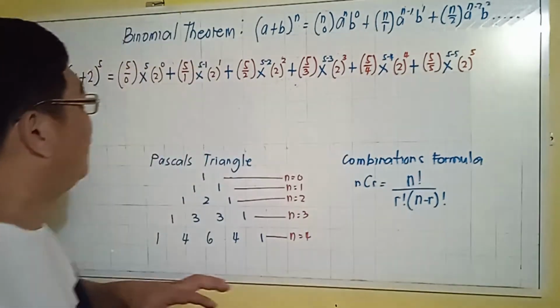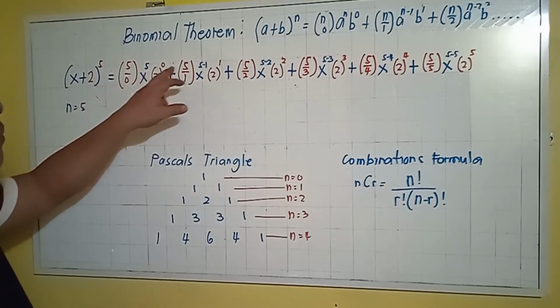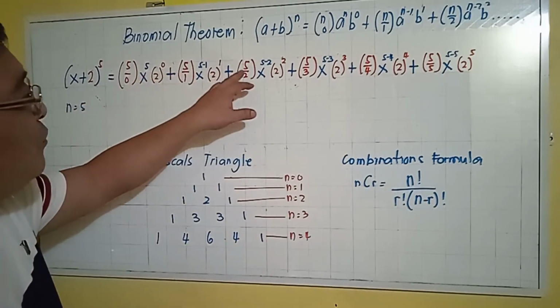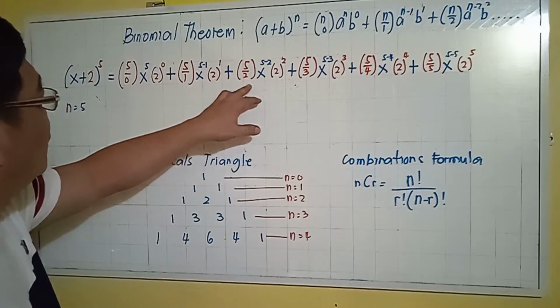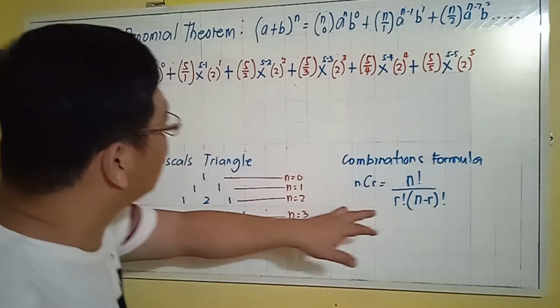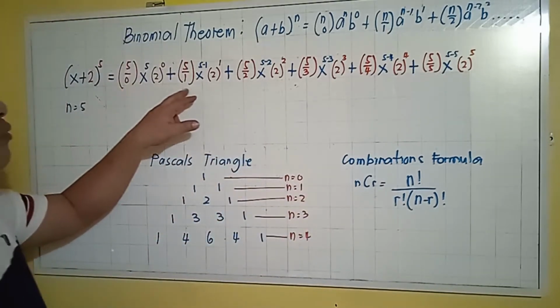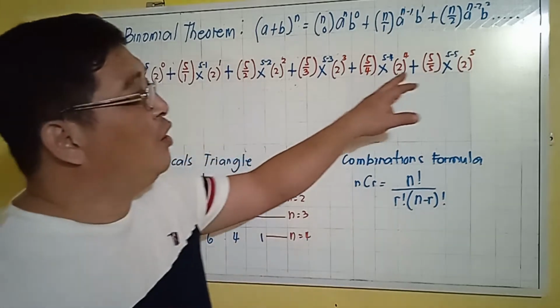Now, balik tayo dito sa combinations formula. 5 choose 0, 5 choose 1, 5 choose 2. So, yung r natin, which comes from combinations formula, started with 0, 1, 2, 3, 4, 5.